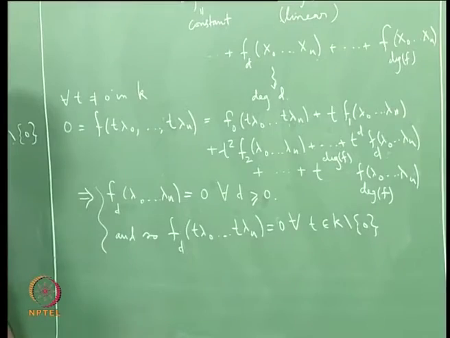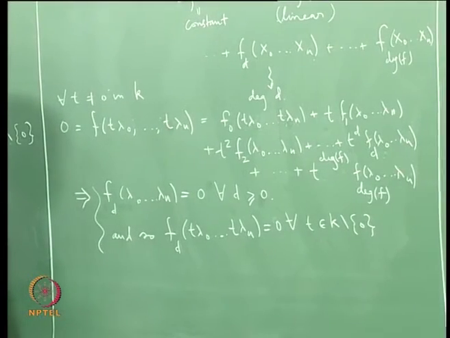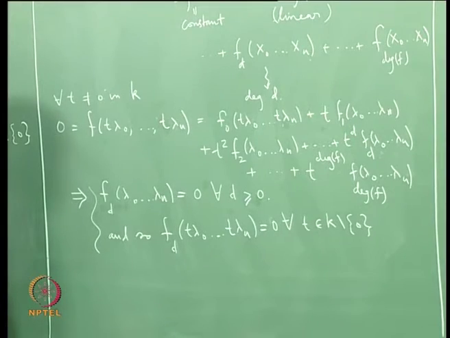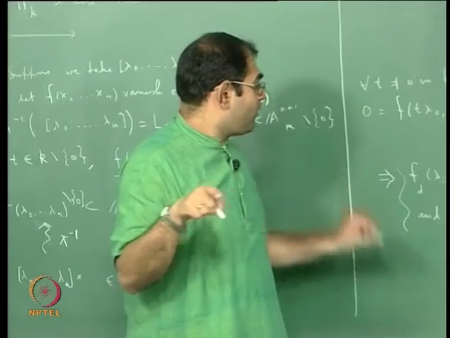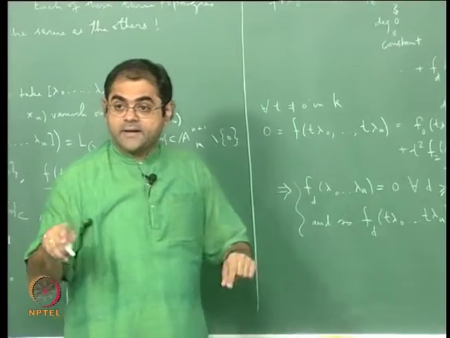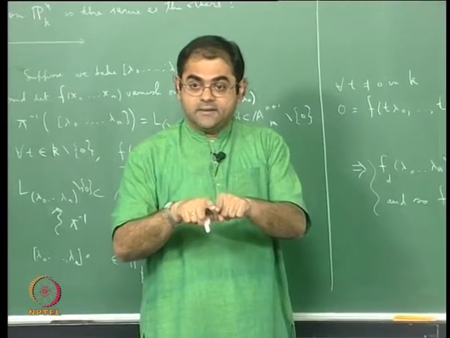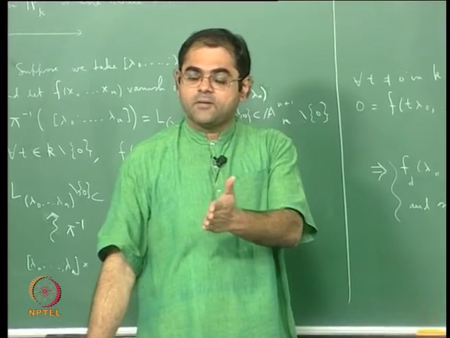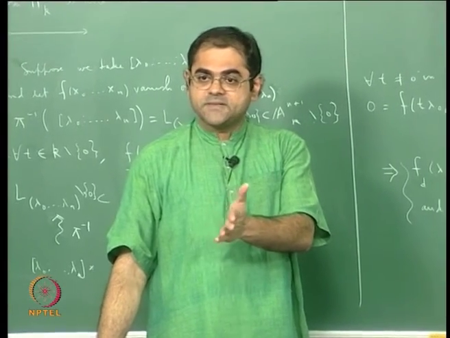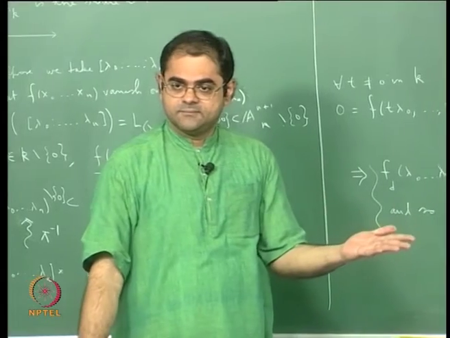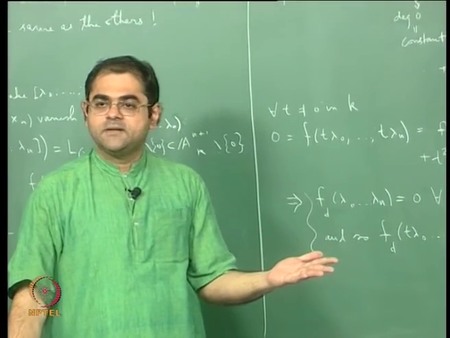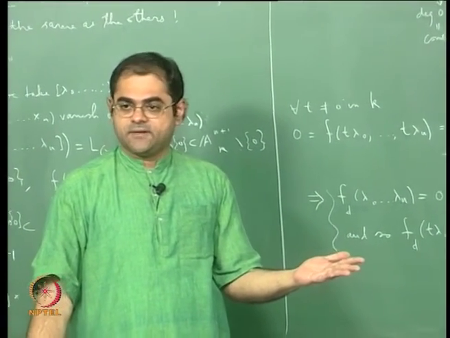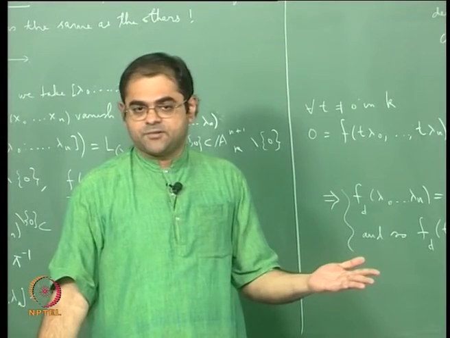So I will get a polynomial in one variable with these k coefficients, and that polynomial identically vanishes on the affine line minus the origin. But if a polynomial vanishes on an open set, it vanishes everywhere. If a polynomial is 0 on an open set, it is 0 everywhere. That is just because of continuity of the Zariski topology.